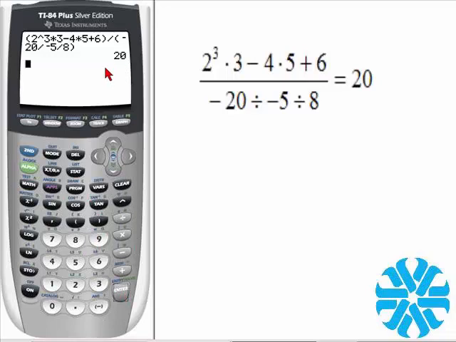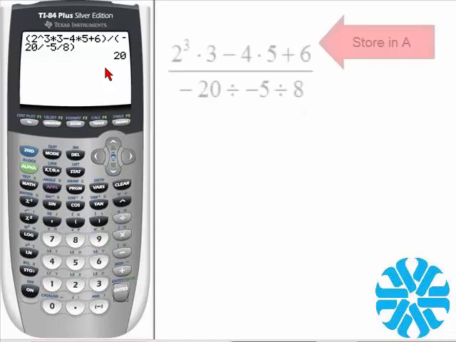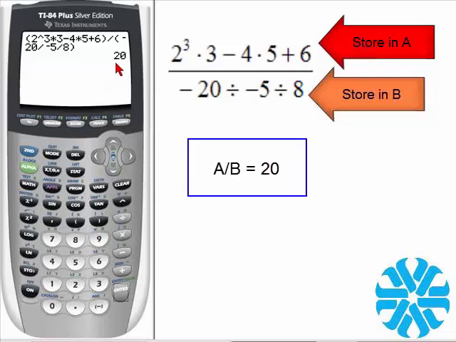So let's do the same thing as we did in example number 1. We're going to first compute the numerator and then store it in A, and then we're going to compute the denominator and store it in B, and then we're going to take A divided by B, and we should get 20.